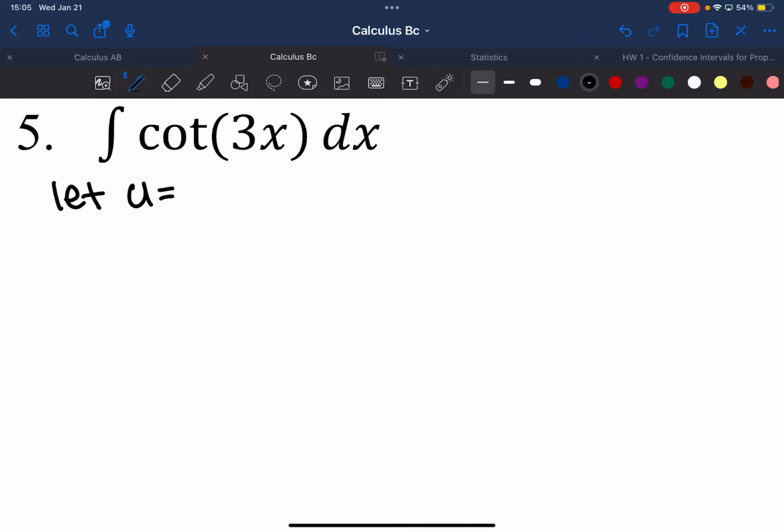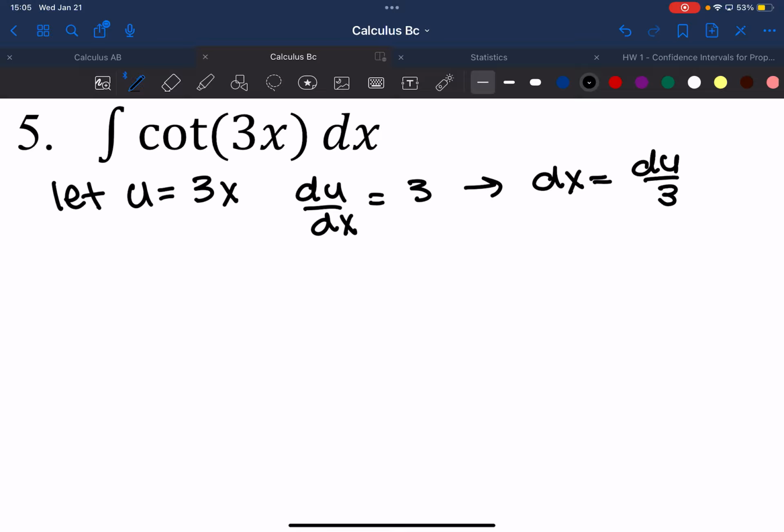So let u equal what? What could be our u value? 3x, because it's an inside function. Which means du dx is equal to 3. So dx is equal to du over 3. Have you guys seen the pattern yet? Like every time we solve for dx, du is on top?